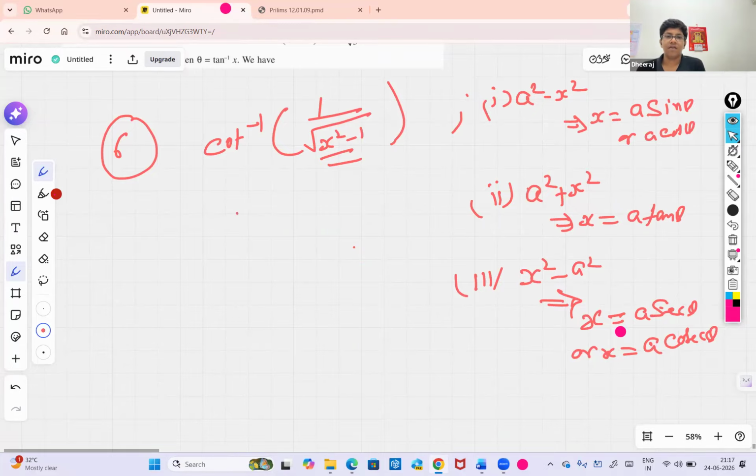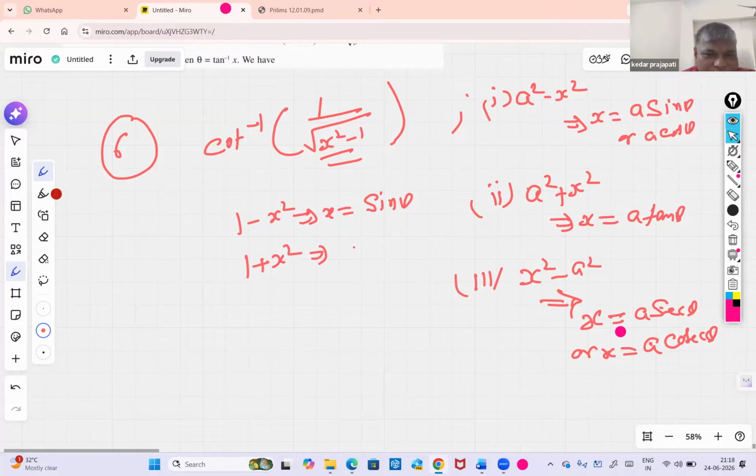If they have given 1 minus x square, what will we substitute? x equal to sin theta, because 1 minus sin square theta will be cos square theta. If they have given 1 plus x square, what will you write? x equal to tan theta.